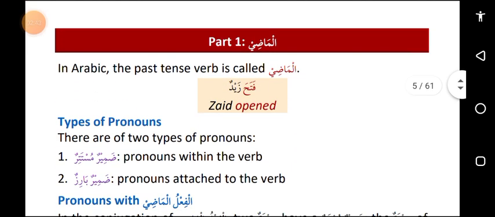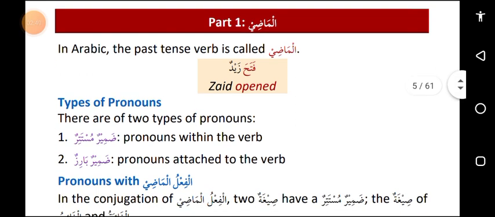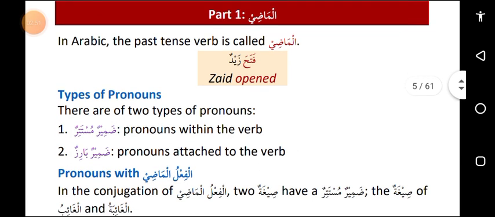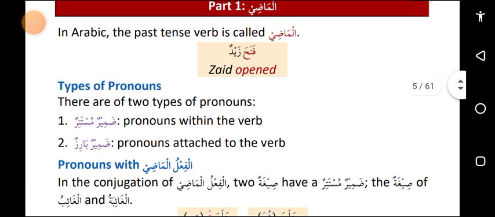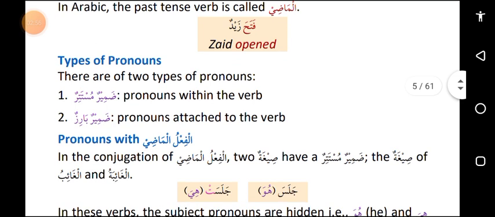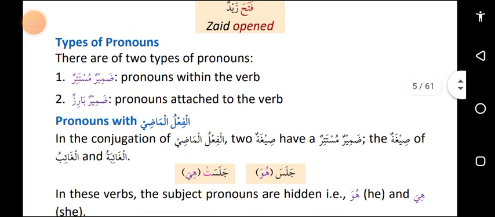Then we came to part 2 of our unit 1, which was fi'l madi. It was very simple to understand. Fataha Zaidun. So Zaidun is the fa'il of fataha. We also discussed dhamir mustatir in two sighas of fi'l madi.